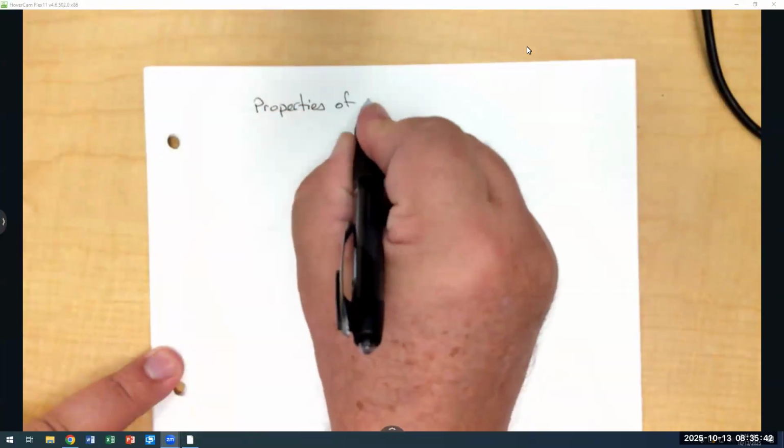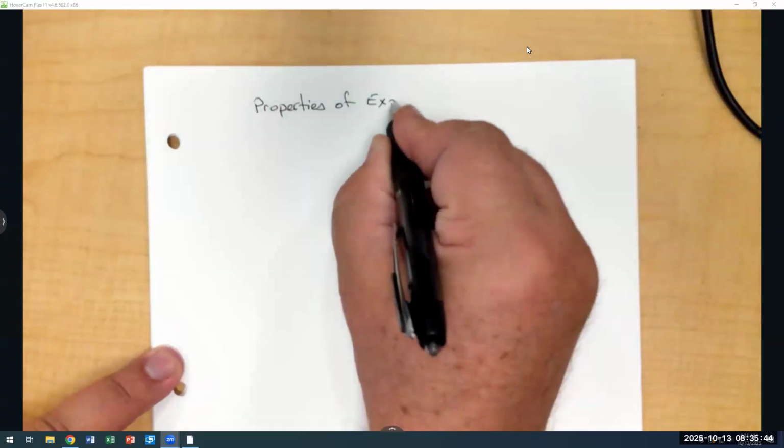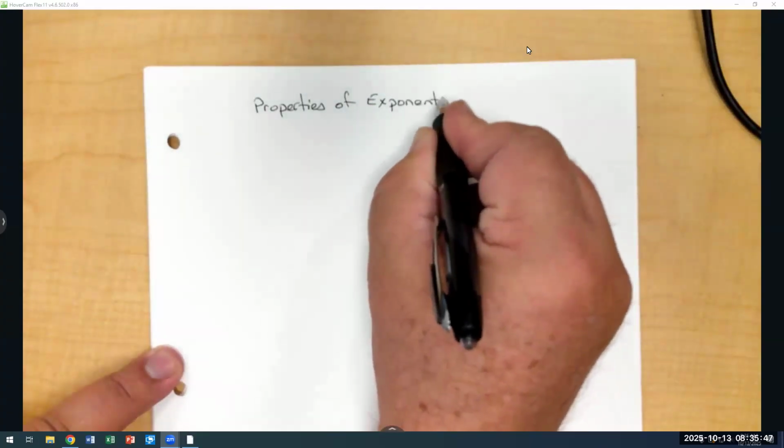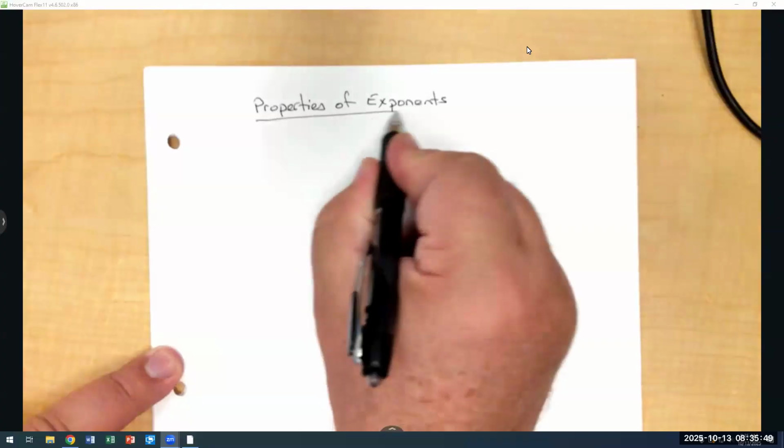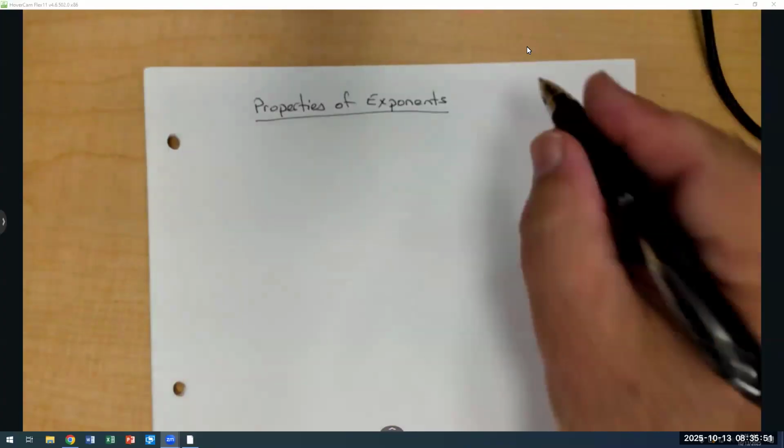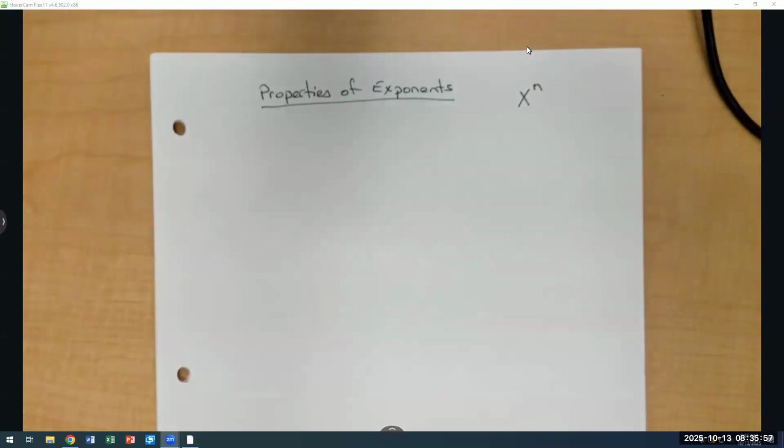The properties of exponents. X to the power n. So what's the exponent in that example?